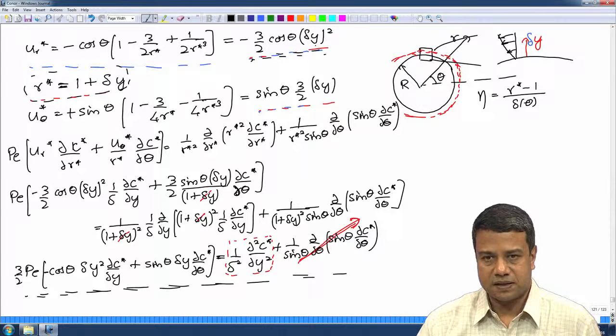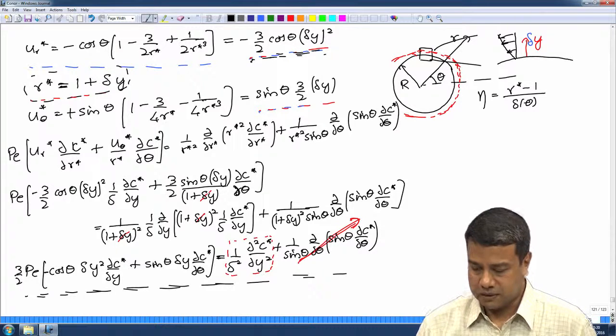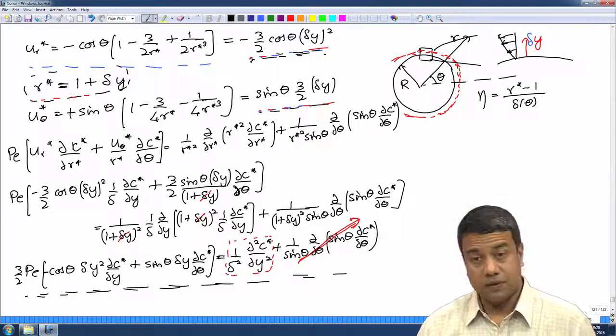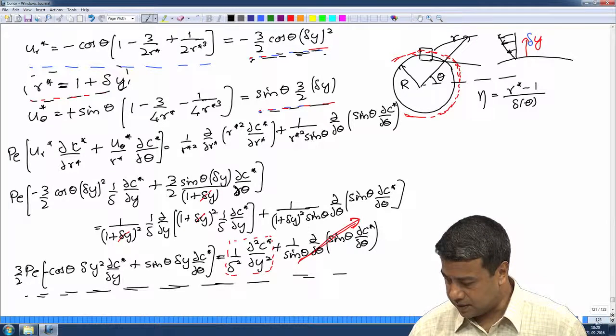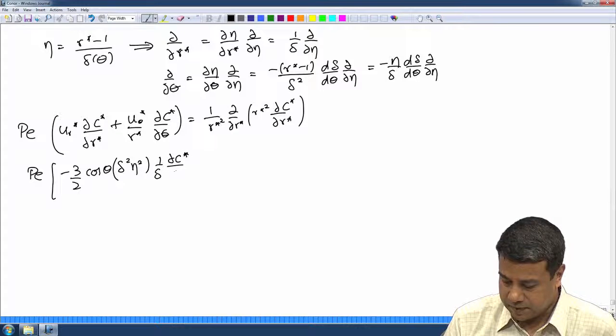So, y in this case is just the same as eta, it is a dimensionless coordinate. So, u r is equal to minus 3 by 2 cos theta delta y the whole square, and u theta was 3 by 2 sin theta into delta y the whole square, into partial c by partial r. This will be 1 by delta partial c by partial eta.